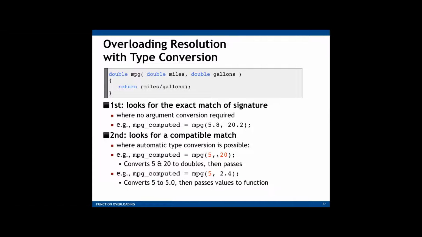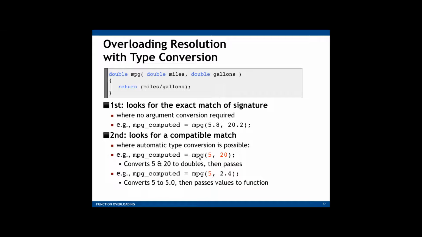So this function call's signature does not exactly match this function signature. Since there is no MPG function which receives two int type parameters, the compiler looks for a compatible match where automatic type conversion is possible.